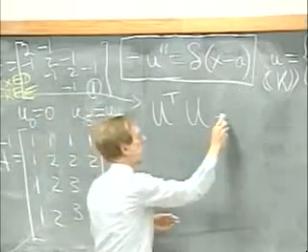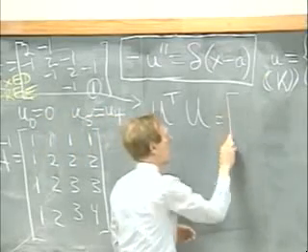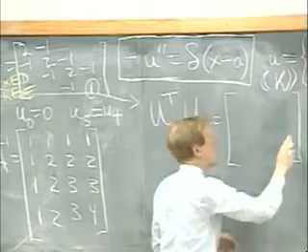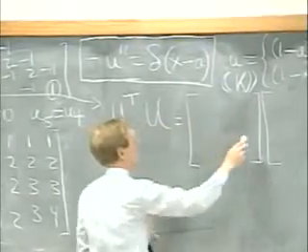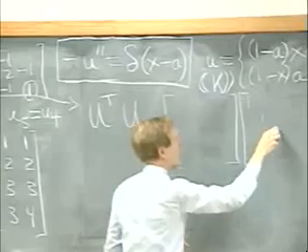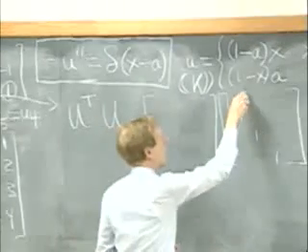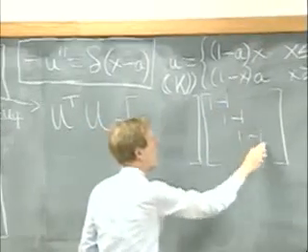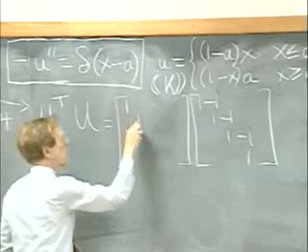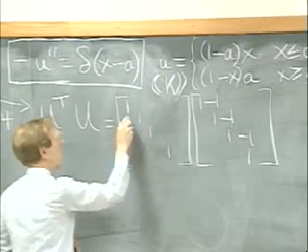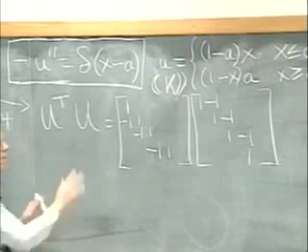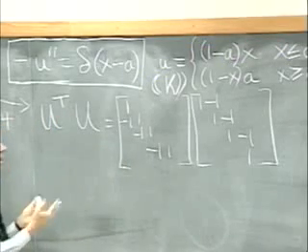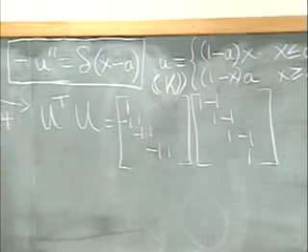So T is U transpose U. U had 1s on the diagonal. The pivots all turned out to be 1s, and minus 1s just above. And then its transpose has 1s on the diagonal and minus 1s just below. And if I multiply those matrices, I get T.